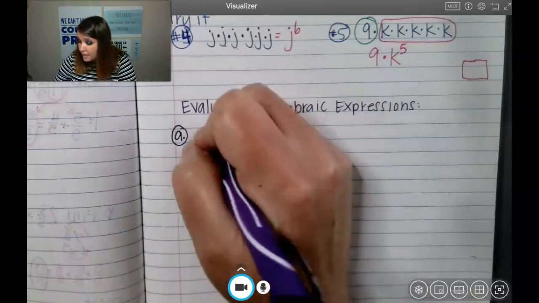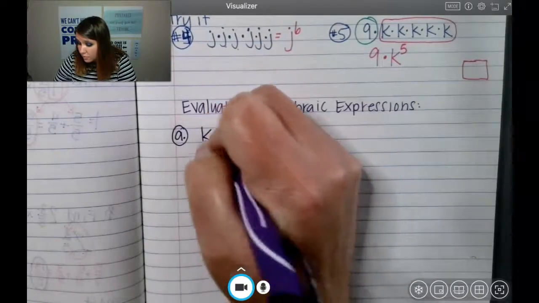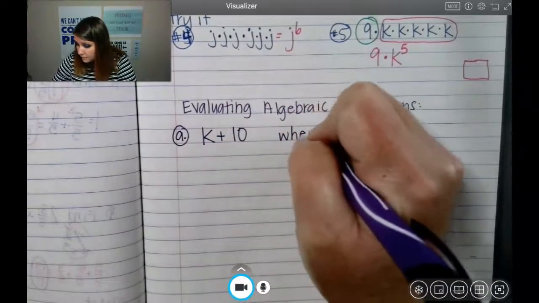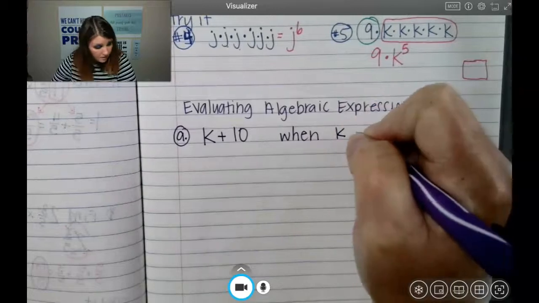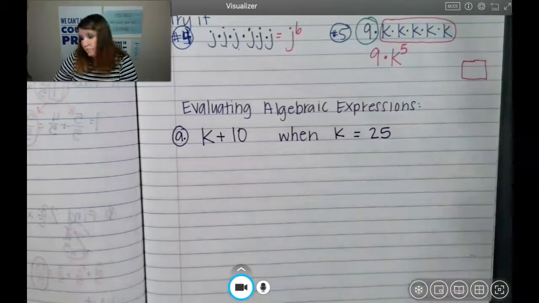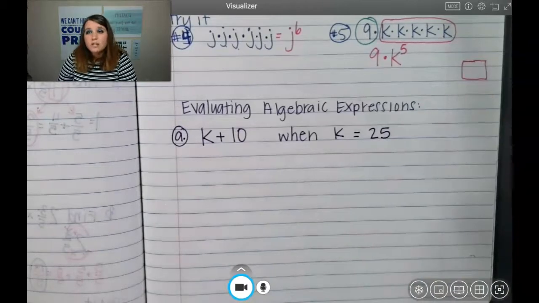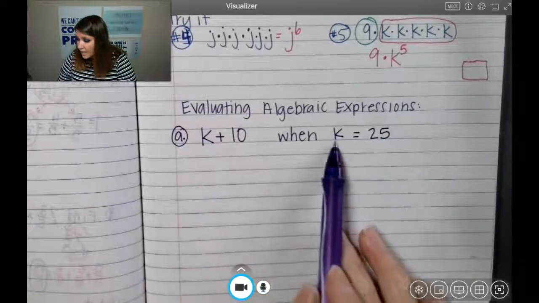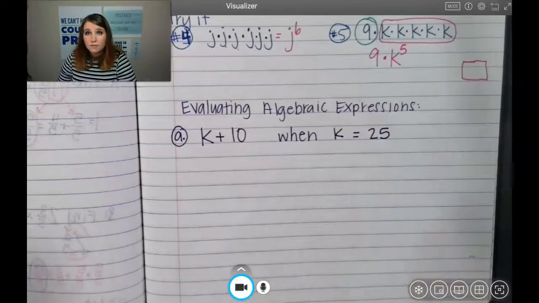Okay, this says k plus 10 when k equals 25. So our job is to solve this problem right here when k equals 25.